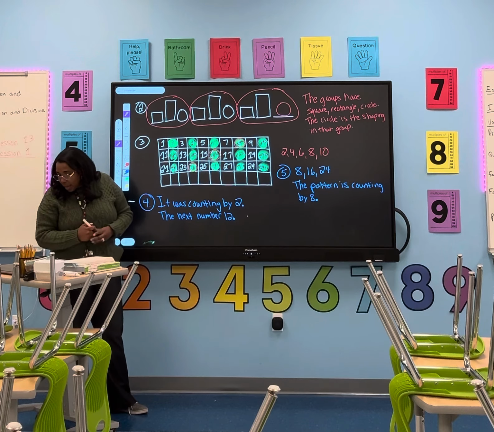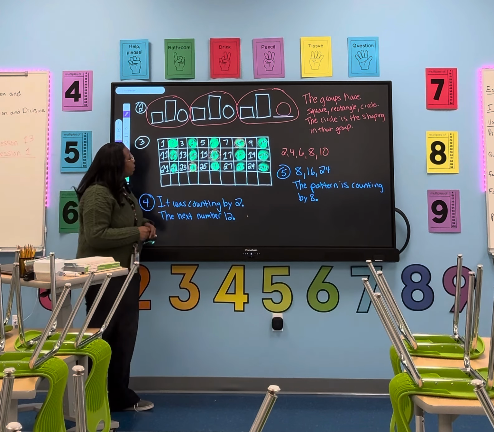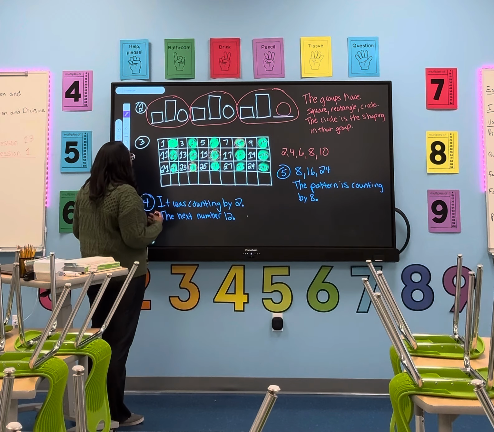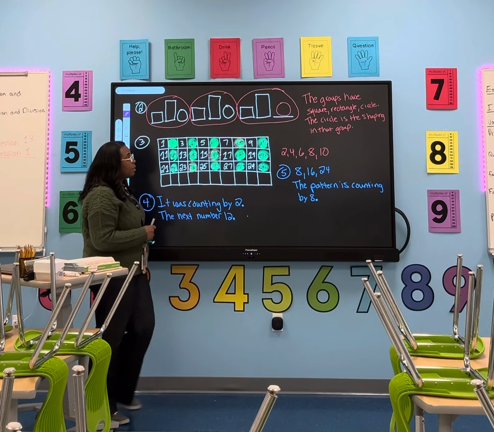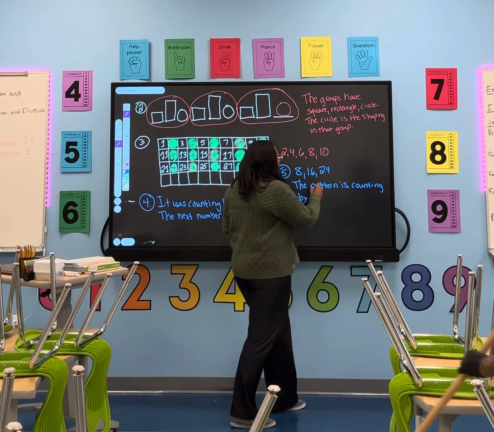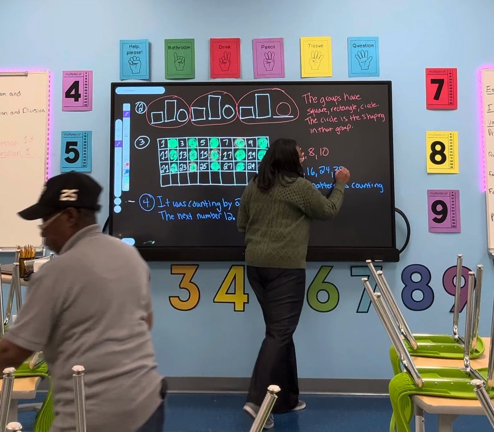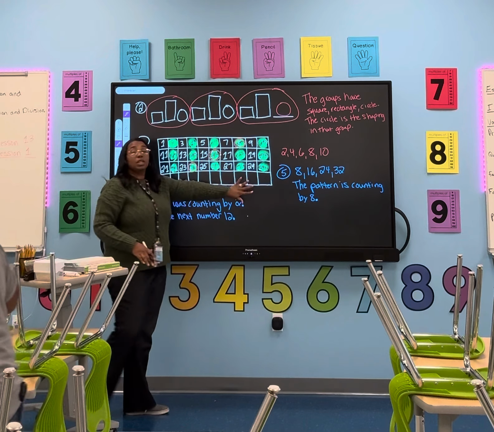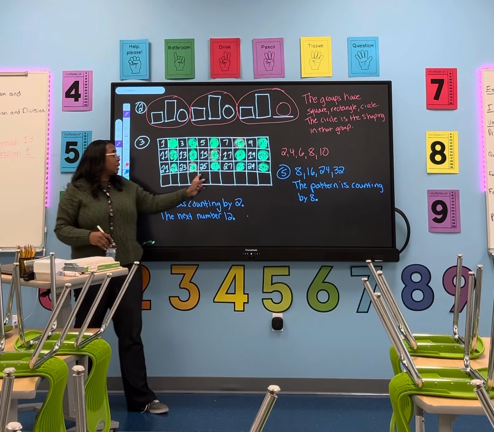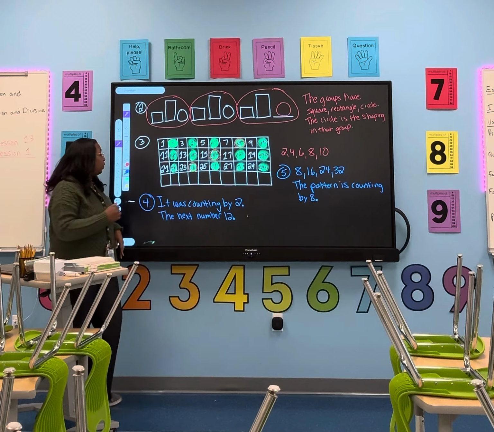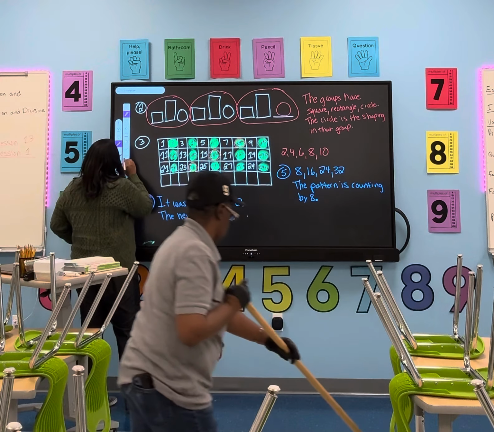So now they want to know what would be the next number that we would circle if we keep counting by 8. So the next number that comes after 24, if we skip count by 8, that would be 32. But there is no 32 in our chart, but they did give us an extra row. So we just have to fill in those numbers.